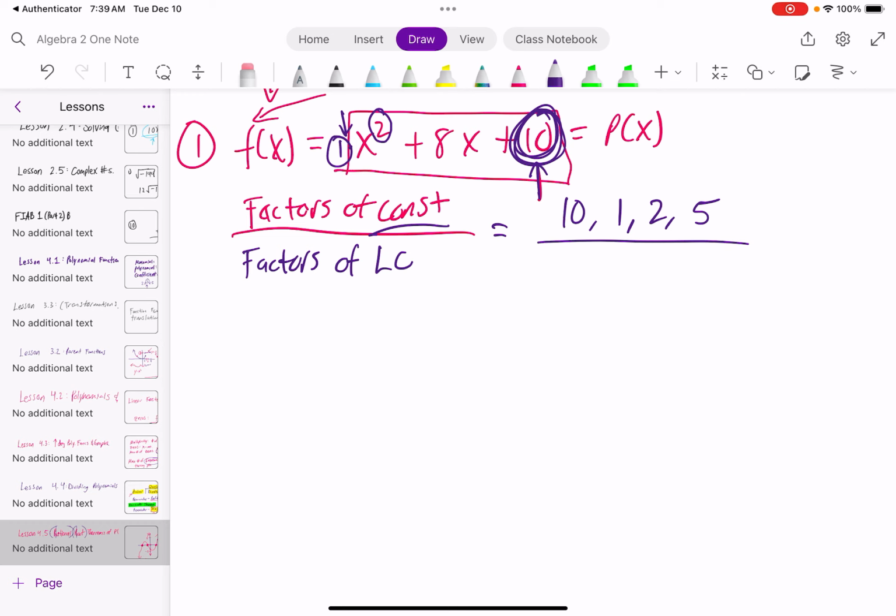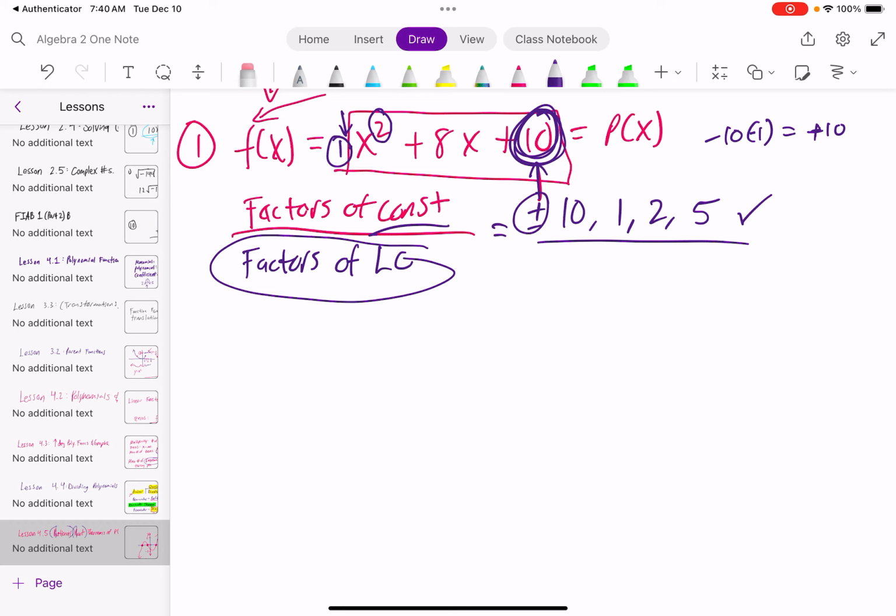You have to remember that pluses and minuses work for all of these. You could have had -10 times 1, and that'd be -10. Or -10 and -1, and that'll be +10. But just keep in mind that plus and minus work for all of these. Then you have the leading coefficient on the bottom.